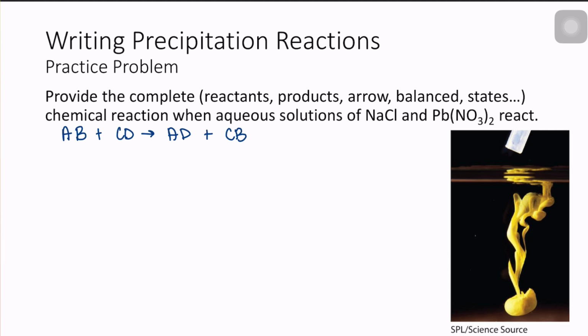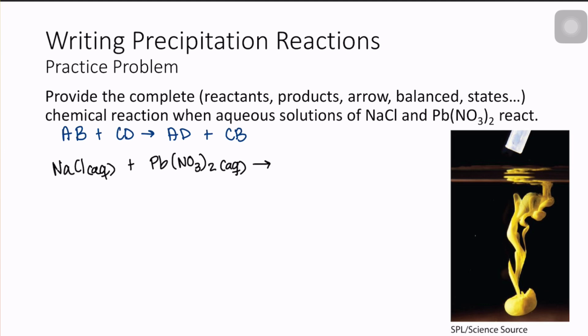So when I write out my reactants, the first thing I want to do is figure out and predict what products will form. So we have aqueous solutions of sodium chloride, and I know the state of that is aqueous because that's what the problem gives me. And then I have lead 2 nitrate. I also know that's aqueous because the problem tells me it is aqueous.